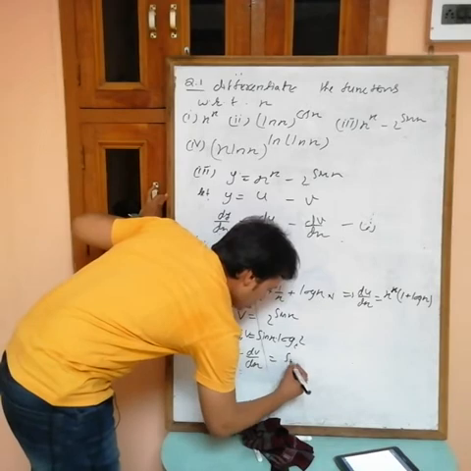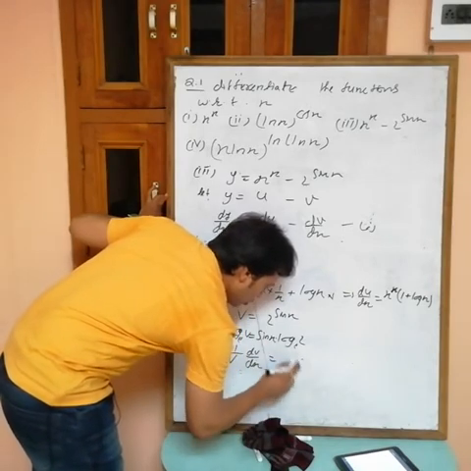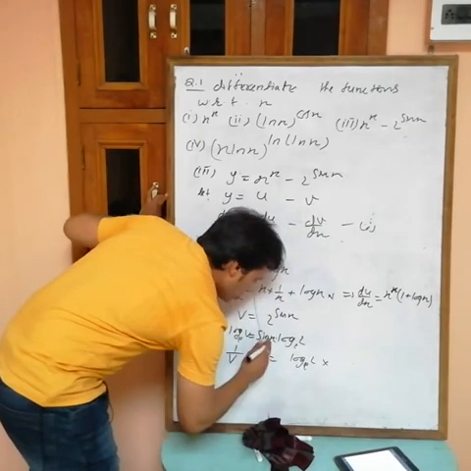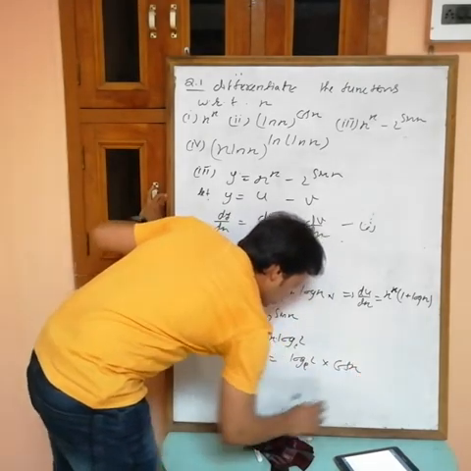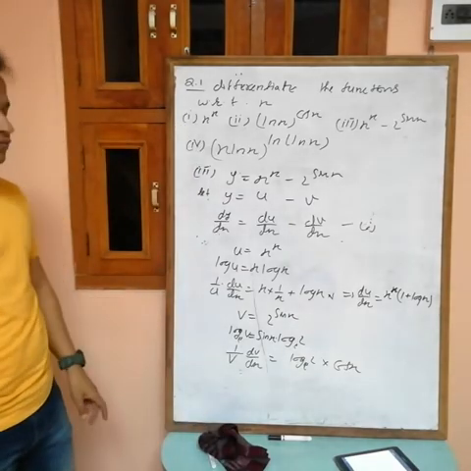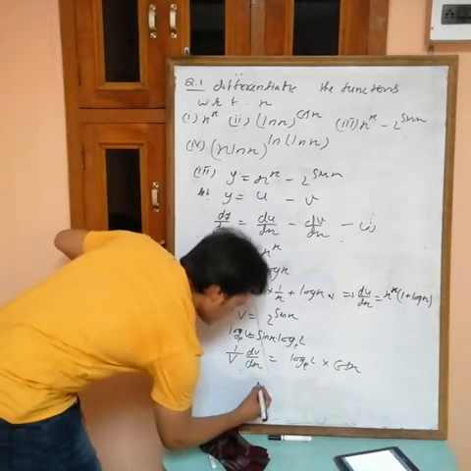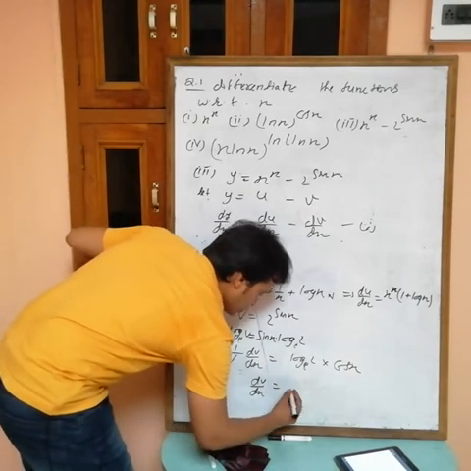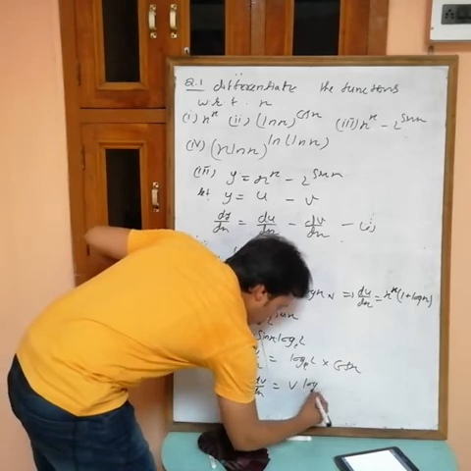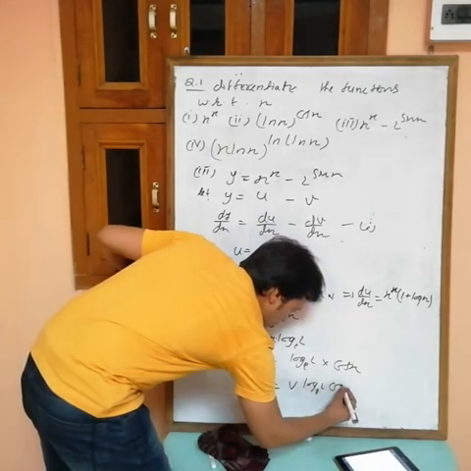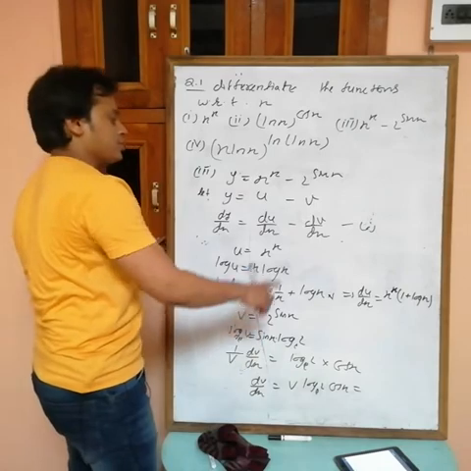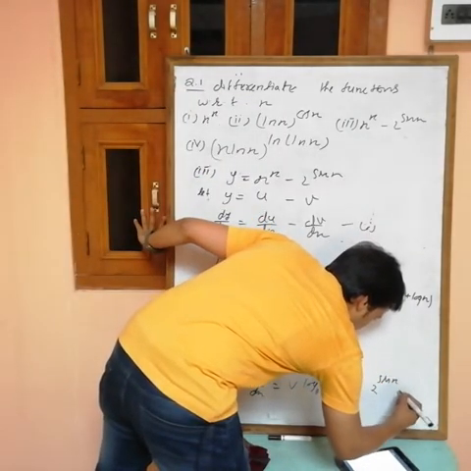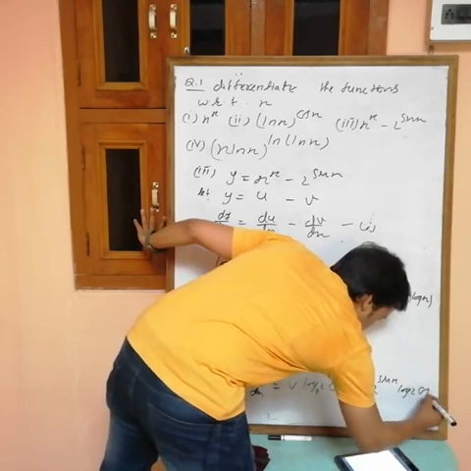Then sin x is constant, sorry, log e 2 is constant, and differentiation of sin x is cos x. Now find dv by dx. dv by dx equals v into log e 2 into cos x. Put value of v, v is 2 power sin x, so 2 power sin x into log 2 into cos x.